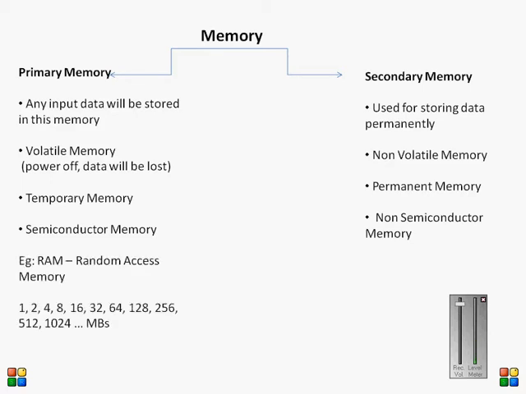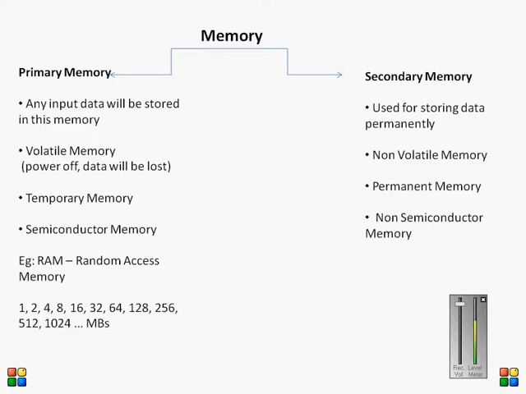The example of primary memory is RAM, and RAM comes with different sizes. Basically the sizes are considered in the power of 2. Say 2 power 0, 2 power 1, 2 power 2, 2 power 3, 2 power 4, 2 power 5 and so on.